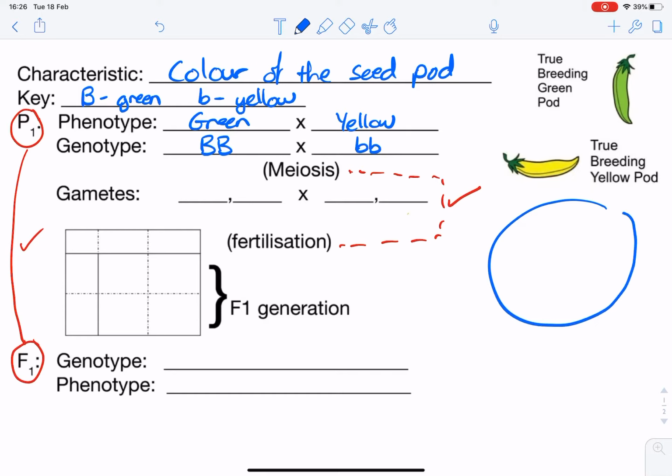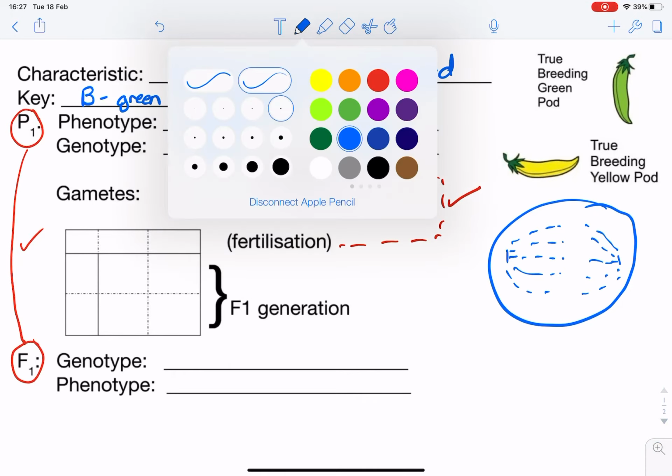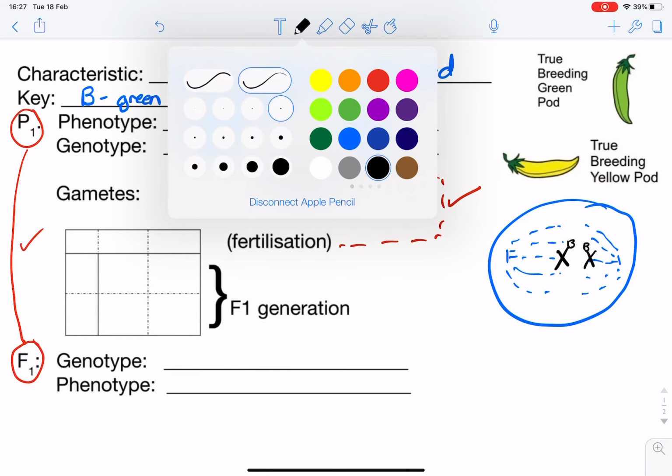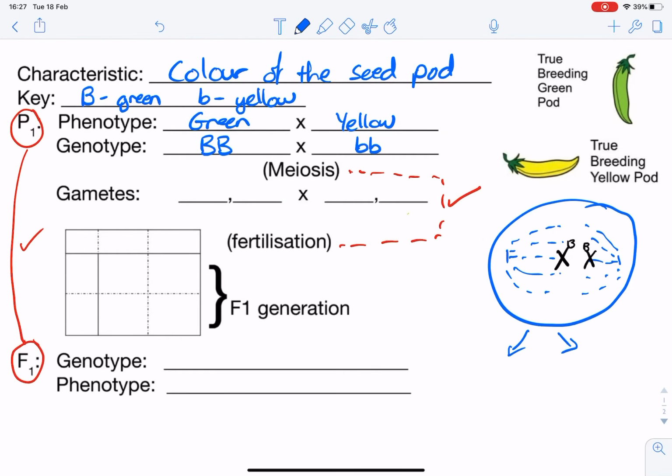So if this is my cell with my spindle fibers, like so, if I have a chromosome sitting there and a chromosome sitting there, and this one has the capital B gene on it, and this one has the capital B gene on it, when anaphase occurs, those two will be separated from one another, meaning that eventually, at the end of meiosis 1, I will have two cells, one of which will have that chromosome and the other one will have the other chromosome.